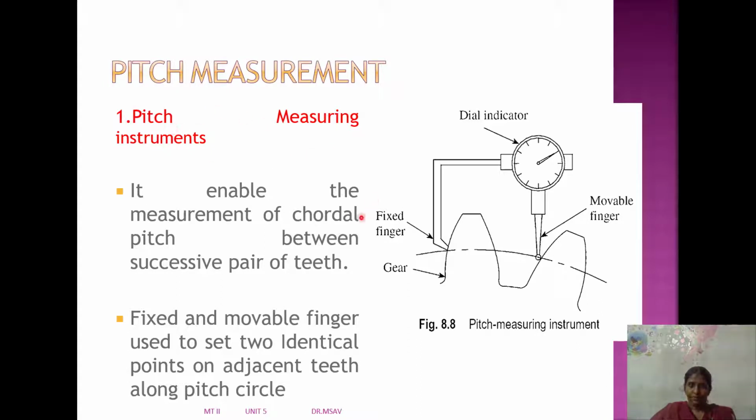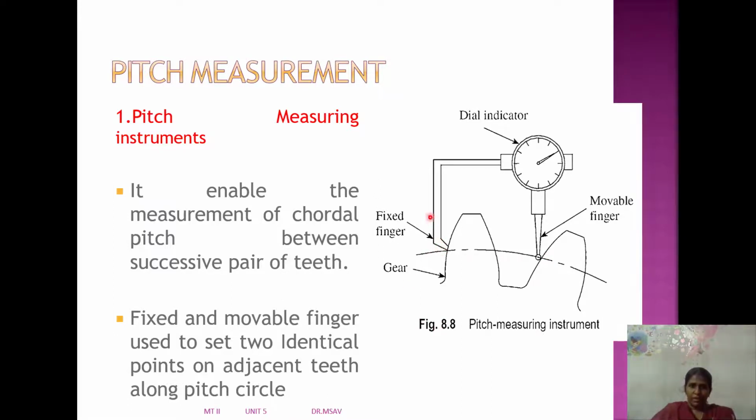The next one is pitch measurement. It is a very important aspect when it comes to gears. It enables the measurement of circular pitch between successive pairs of teeth. So this distance is normally called the pitch.